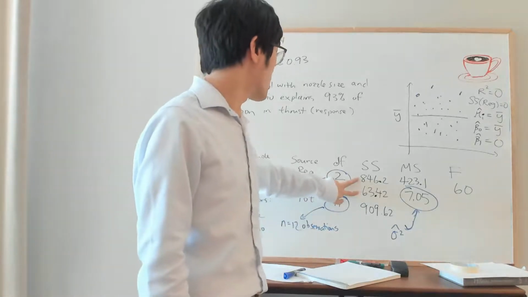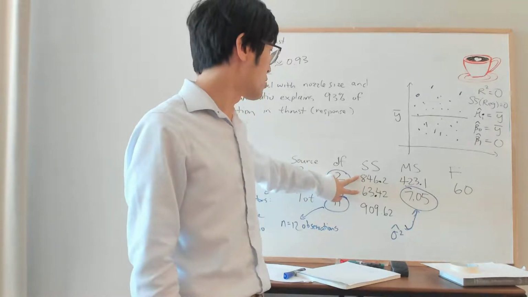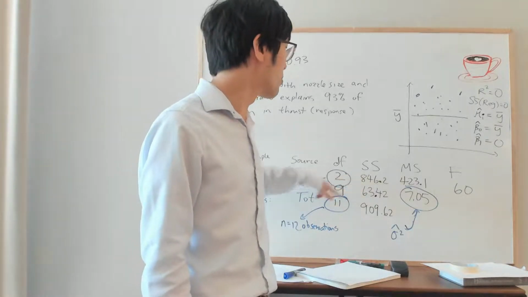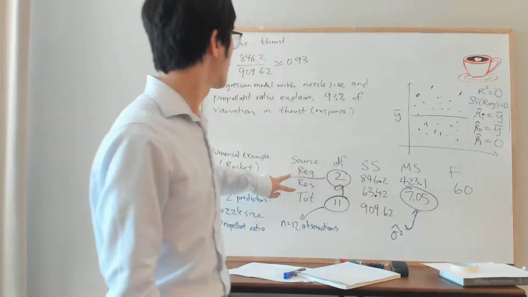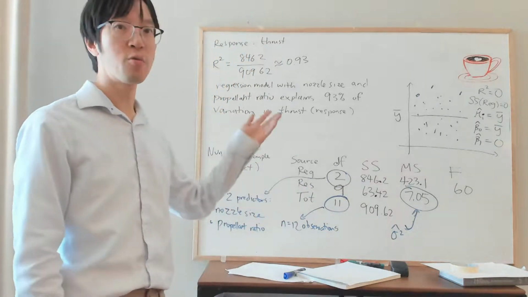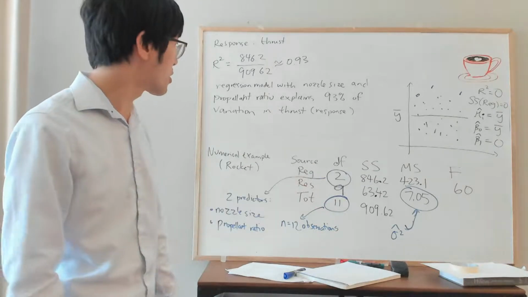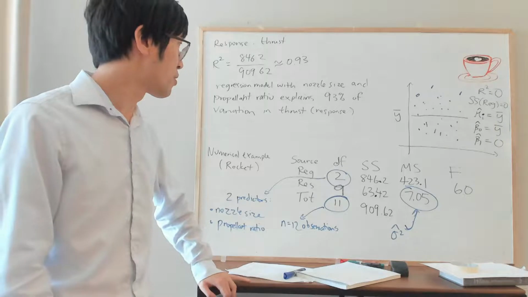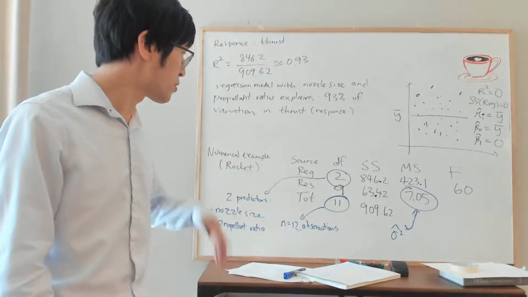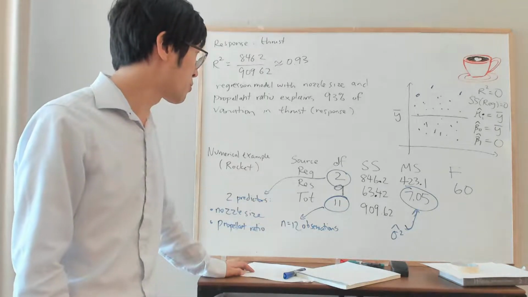And generally, the ratio between these sums of squares gives us one metric for the fit of the regression model to our responses.